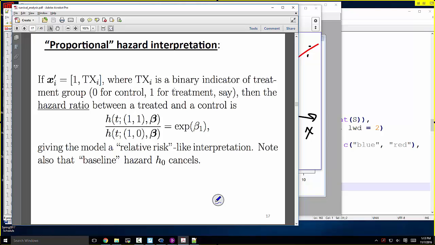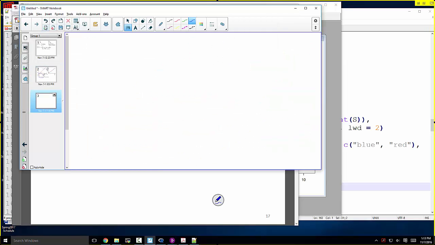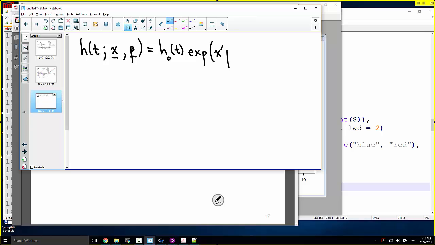Let me come back to the whiteboard here. The proportional hazards model says that the hazard at time t for an individual with covariates x in the model with coefficients beta equals baseline hazard at time t times e to the x transpose beta.